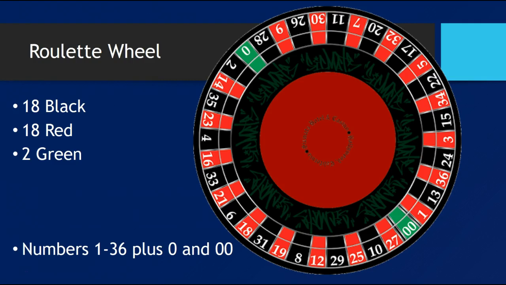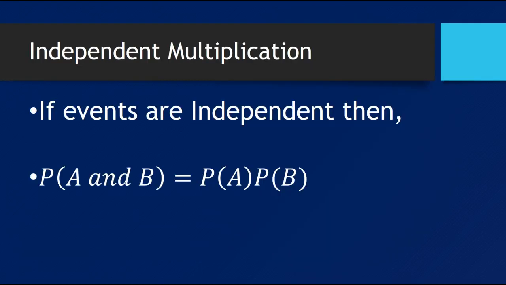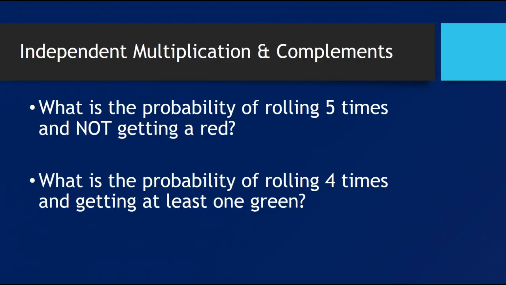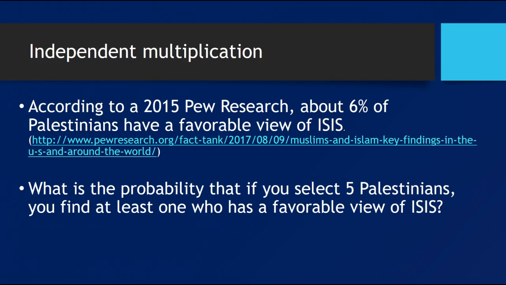In other words, in the case of the roulette wheel, if roll 1 actually affected roll 2, then the probability of roll 2 would have been influenced by the previous roll. Now that's not the case in roulette. In the roulette wheel example, we did have independence, and in picking 5 Palestinians, we also had independence.